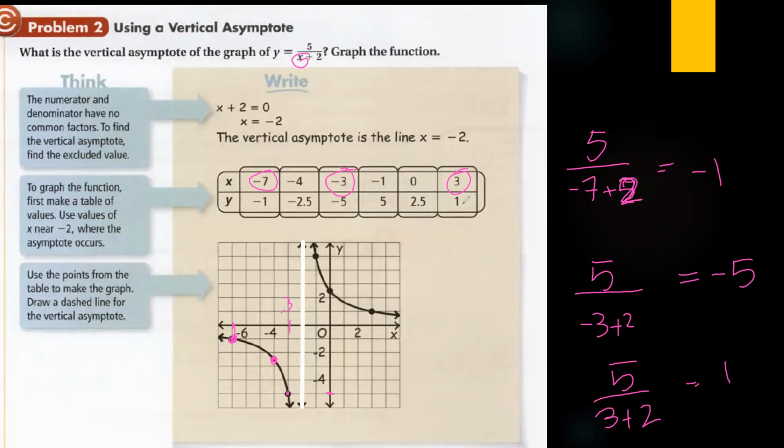Now be careful. I put points such as -7, -4, -3, and I skip -2, because at point -2 it's undefined. So at point -2, I don't put it in my table. Then I will continue: -1, 0, 1, 2, 3, and so on. So when you draw your table, put all the values except -2.